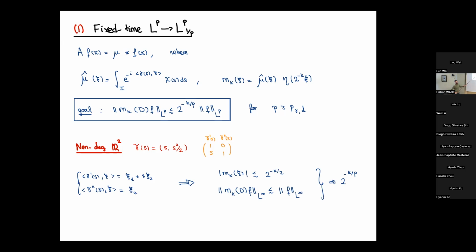Okay, but both of them cannot vanish simultaneously. No. So then the van der Corput lemma immediately gives me that the decay rate goes with the second derivative. Okay, so that's a minus k over 2 on L2. This is bounded in L infinity. That gives a minus k over p, which is the best that one can obtain. So the fixed time average for the two-dimensional case is very elementary.